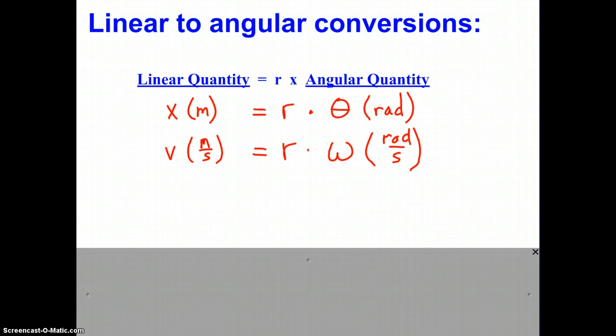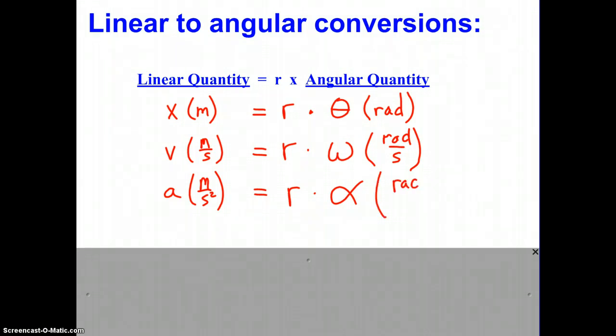What's next? Acceleration. Linear acceleration in meters per second squared would be our radius of our circular path times our angular acceleration, and the symbol for that is a lowercase Greek letter alpha, which kind of looks like the fish symbol. And this, of course, would be radians per second squared. So that's how you convert back and forth between linear and angular quantities.